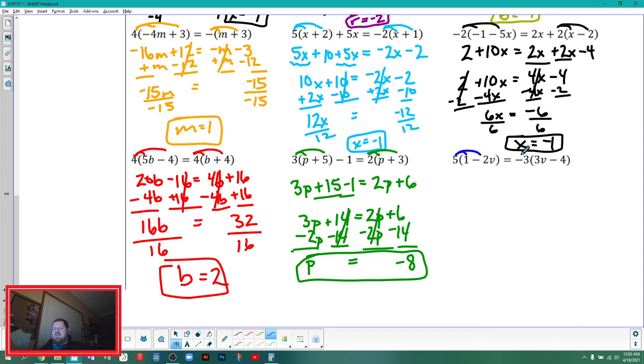And on the last one, let's go ahead and distribute. 5 times 1 is 5. 5 times negative 2 is negative 10v. Negative 3 times 3 is negative 9v. Negative 3 times negative 4 is plus 12. Let's go ahead and add 9v. And subtract 5.